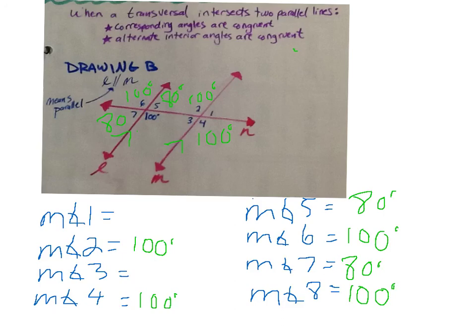Angle 3 and 5 are alternate interior, and as it says above, they're congruent if the lines are parallel. So this is also 80 degrees for angle 3. And 3 and 1 are vertical, so we can say that those are 80 degrees. So if you have parallel lines that are cut by a transversal and you know one of the angles, you can find out all the other measures as well.